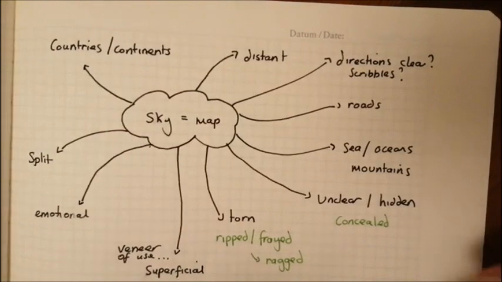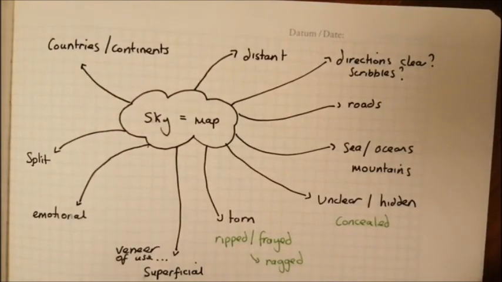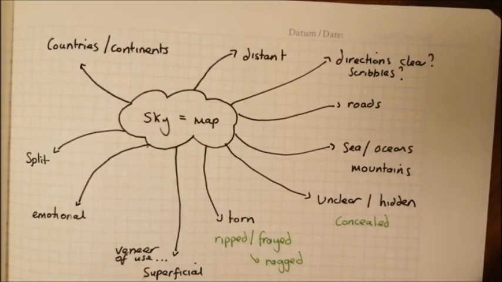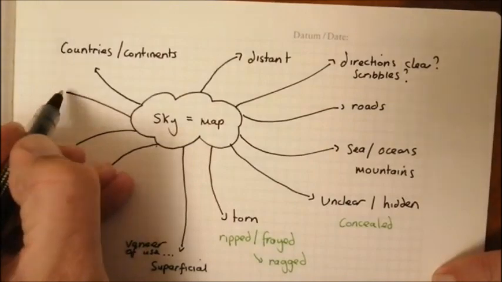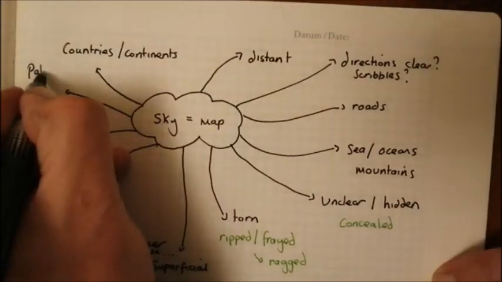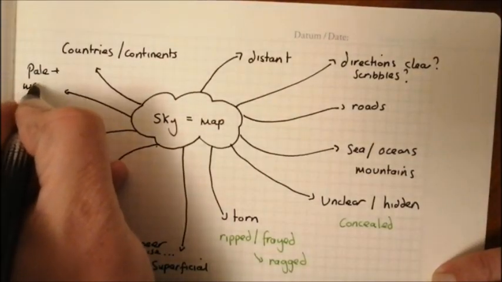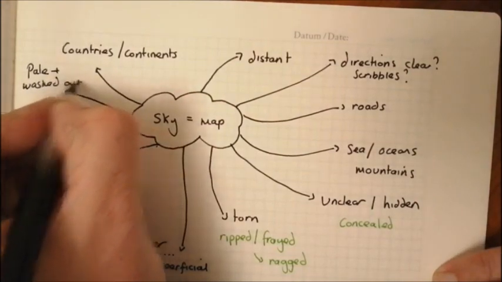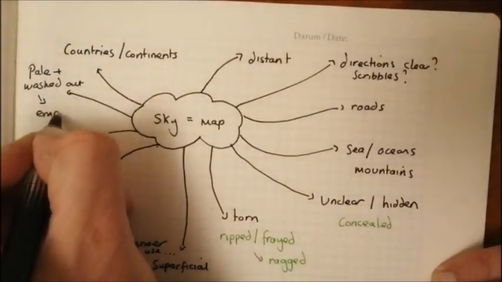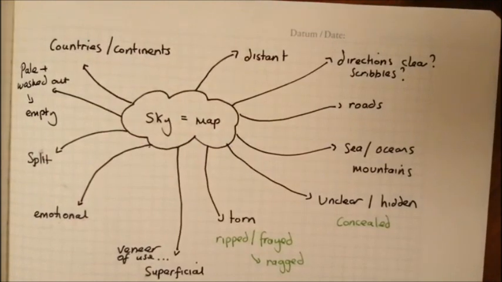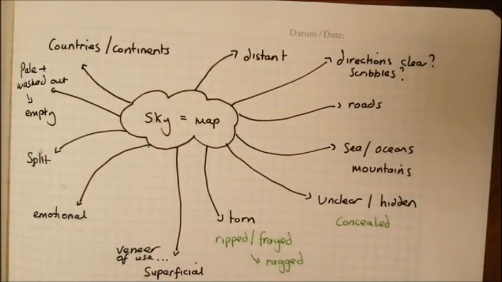Is it coming apart at the seams? So those are the things that I'm going to add in, and maybe also some stuff about the colours. Because I really like the idea that it was kind of really pale and washed out. This sense that it could be empty. A bit like maybe how the boy feels, like his life is empty.